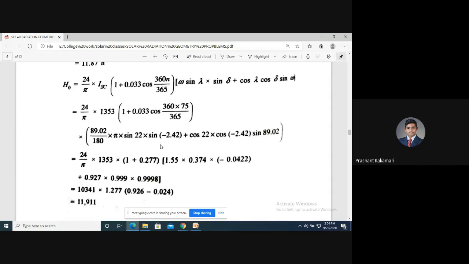Now, can anyone tell me why that hour angle is multiplied with pi by 180? What is the need?